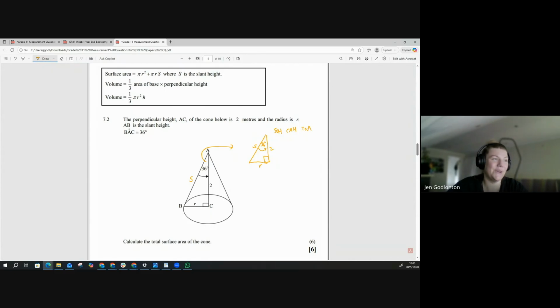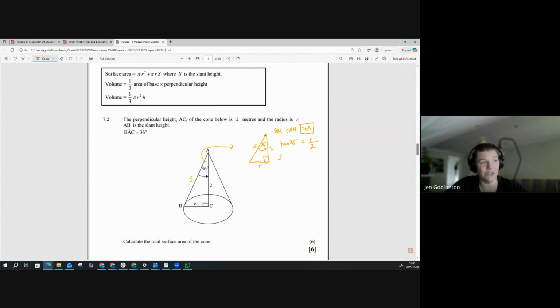Okay, so let's figure out the things that we need over here. We need R. If this is theta, we've got our adjacent and we are looking for our opposite. So we care about tan. So tan of 36 degrees is going to be opposite, which is R, over adjacent, which is 2.